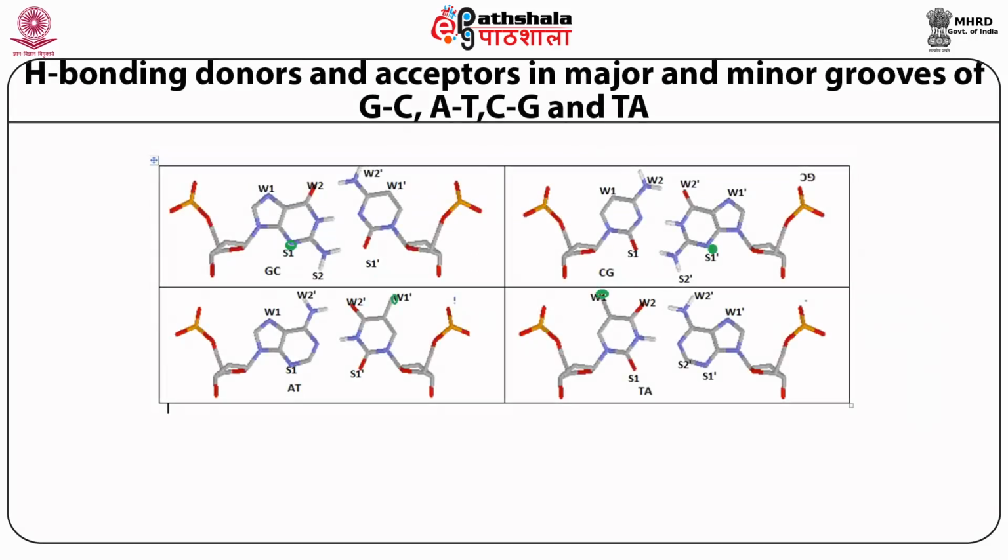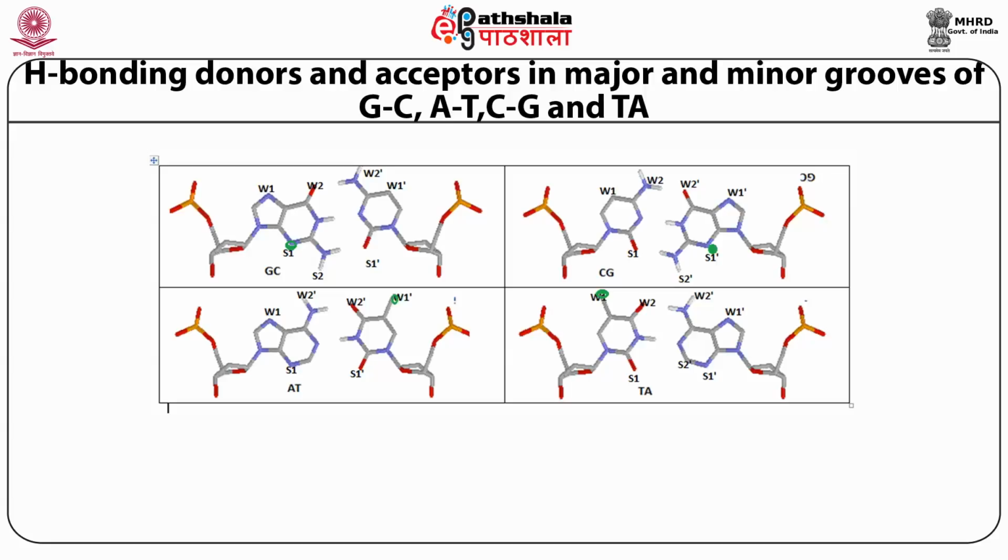The edge bonding donors and acceptors in the major and minor grooves of GC, AT, CG and TA base pairs are different. We show in this picture the minor groove side and the major groove side of these four sequences.